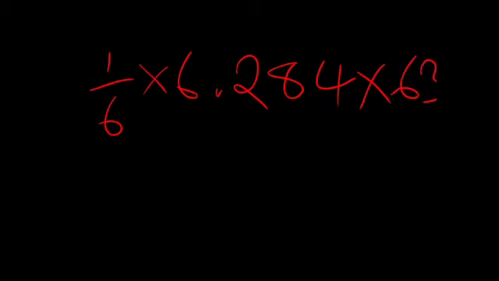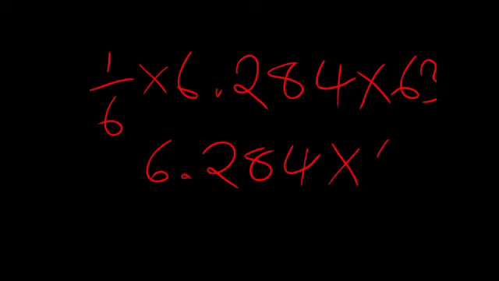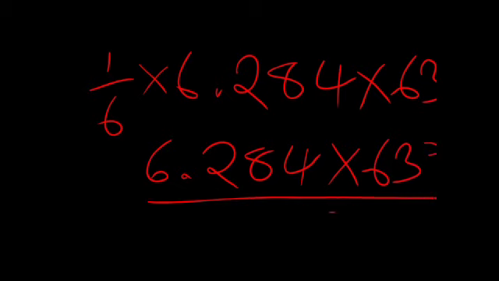So that is simply saying 6.284 times 6,370 divided by 6, because 1 times 6.284 times 6,370 will have what we have here on top, divided by the 6 here.